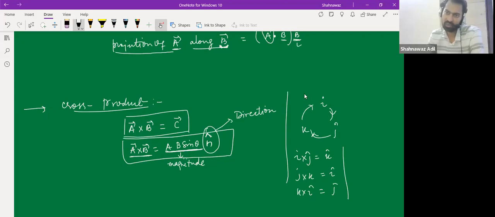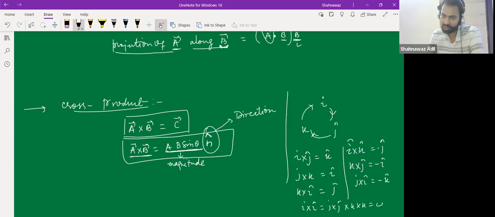And if I calculate in the anti-cyclic manner, anti-clockwise, then I will get minus. So i cross k would be minus j, k cross j would be minus i, and j cross i would be minus k. These are the relations. And i cross i, j cross j, and k cross k would be 0.